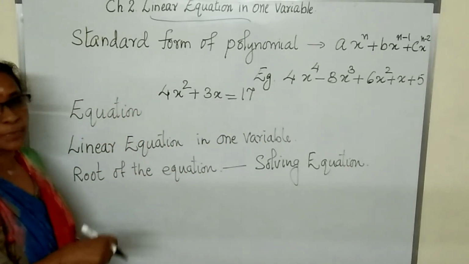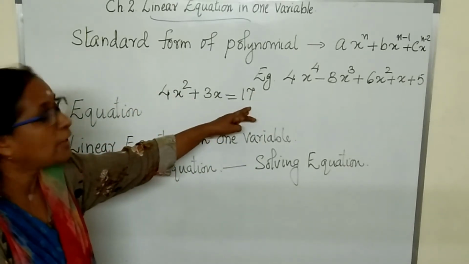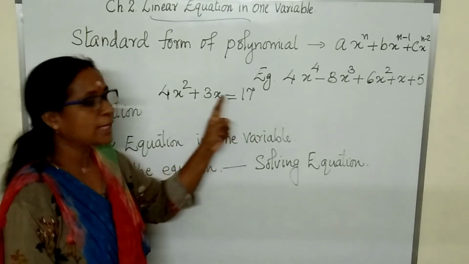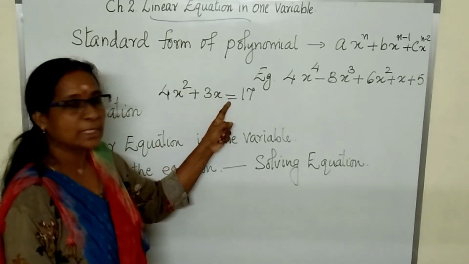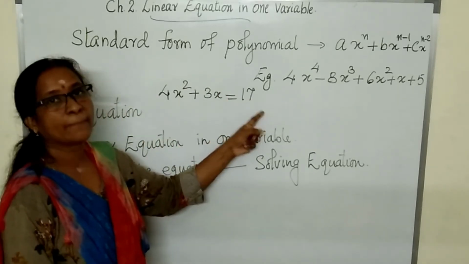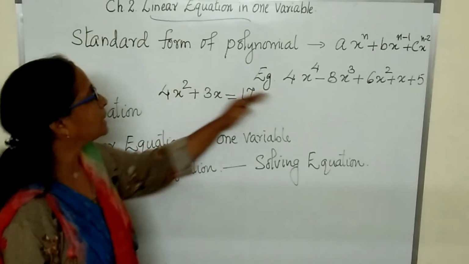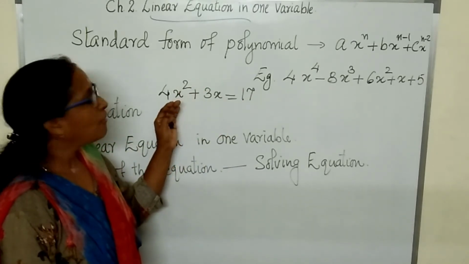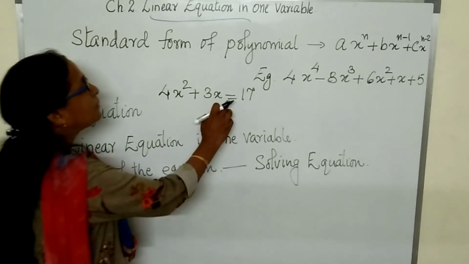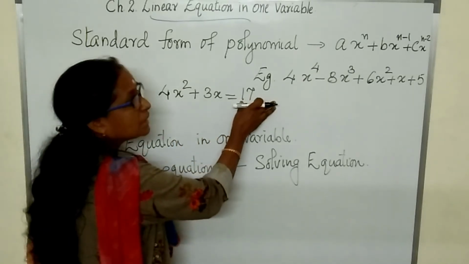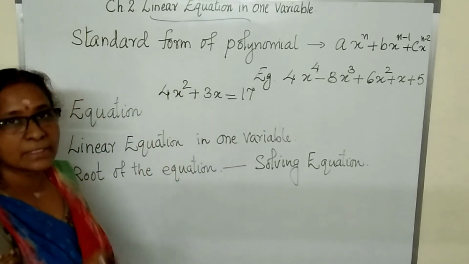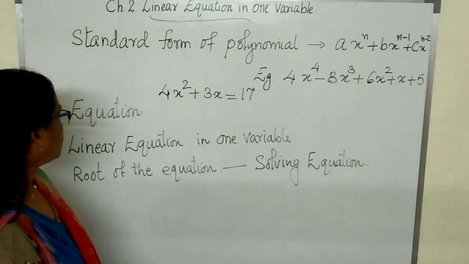This is one expression. This is also an expression. Both are combined with the help of an equal to sign. So it is called an equation. An equation has got two parts or two sides. One on the right hand side and one on the left hand side of equal to. This is the right hand side, RHS, and this is the LHS, left hand side of the equation.